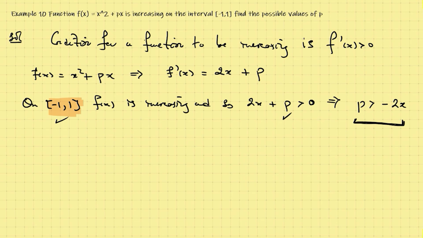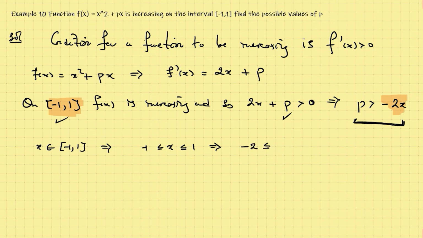So the fact that x is an element of minus 1 to 1 tells me that x is bigger than or equal to minus 1 and less than or equal to 1. But then we need something about 2x because we have a 2x here. So I've got to go from x to 2x, so I multiply everything by 2.